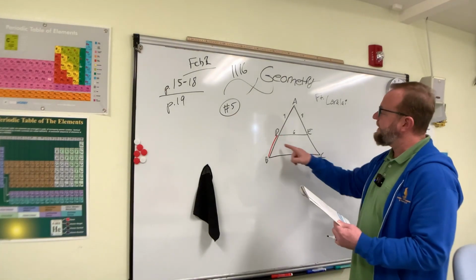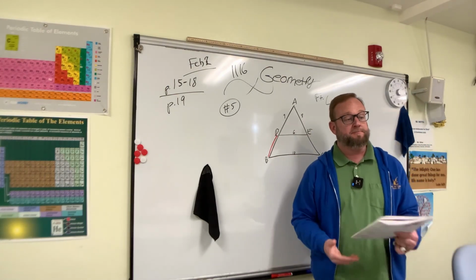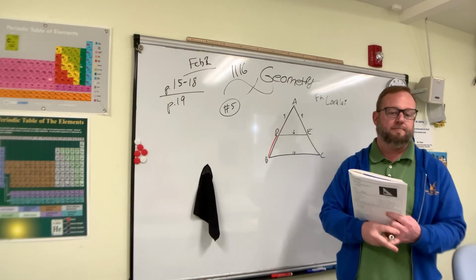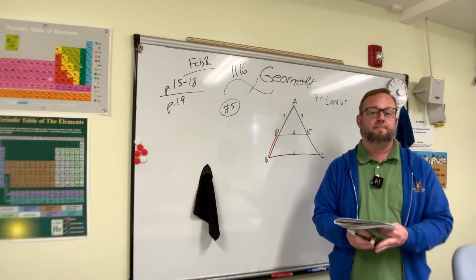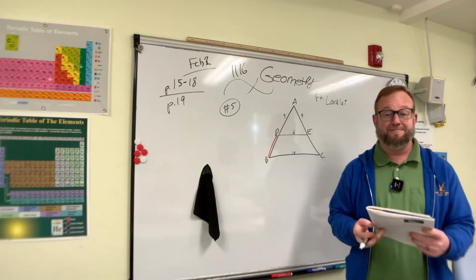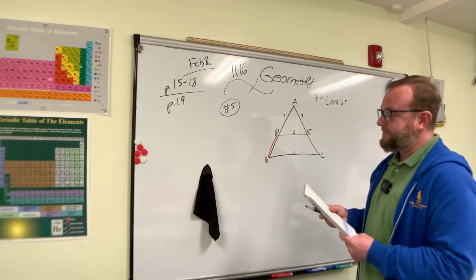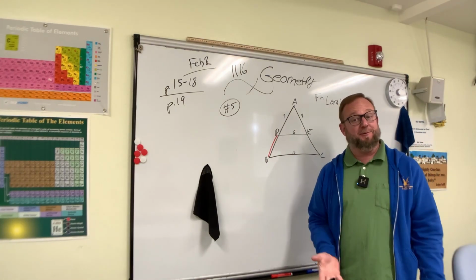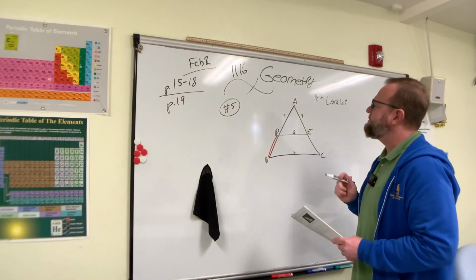You need to be able to find that given what you have. What would you do? You would set up a proportion, of course, because that's what we're learning in this pace. Ratios, fractions, proportions. What proportion would you choose?